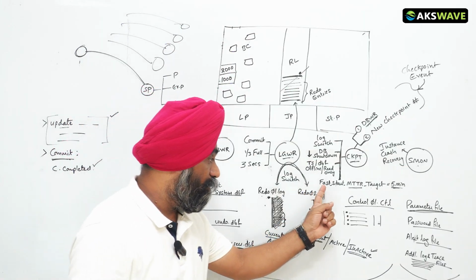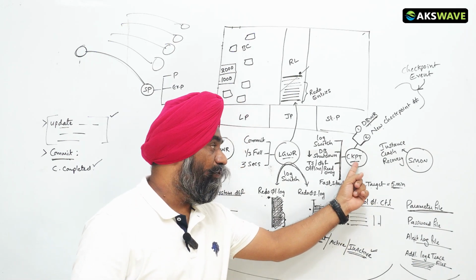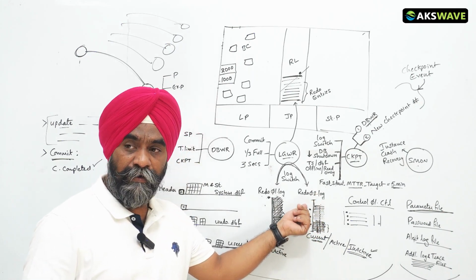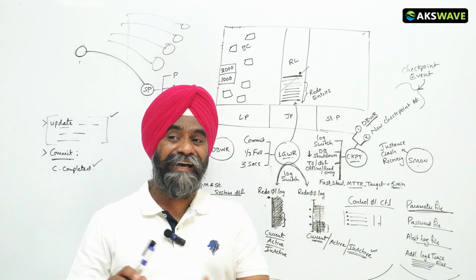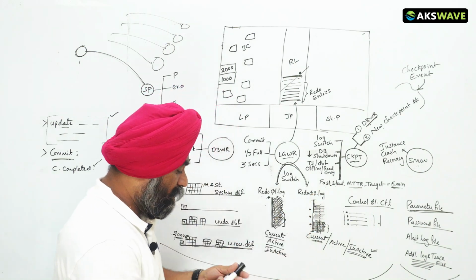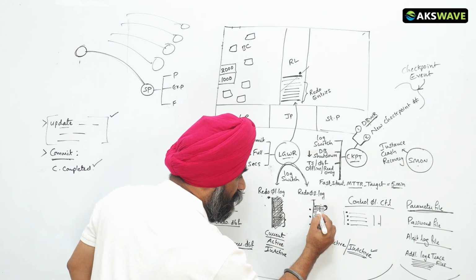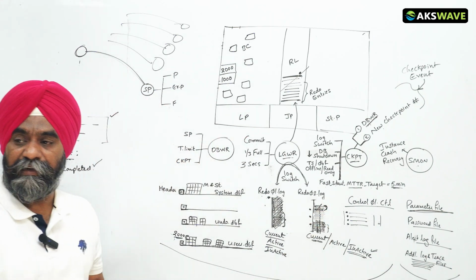The parameter FAST_START_MTTR_TARGET actually invokes the checkpoint. Because SMON will do the crash recovery from the last checkpoint. After this checkpoint, if any transactions are done, it simply executes only those transactions and recovery is done.